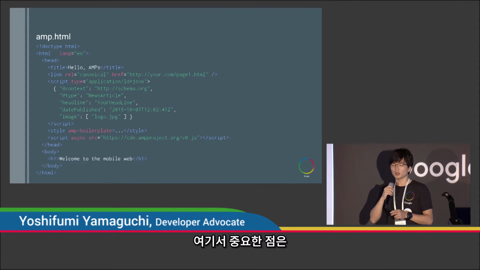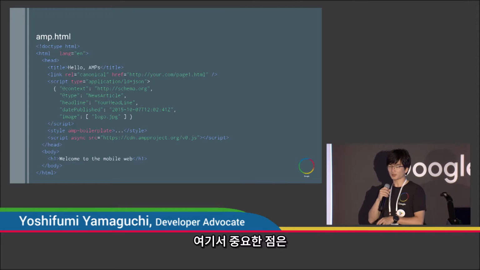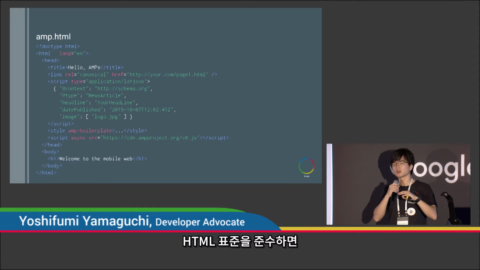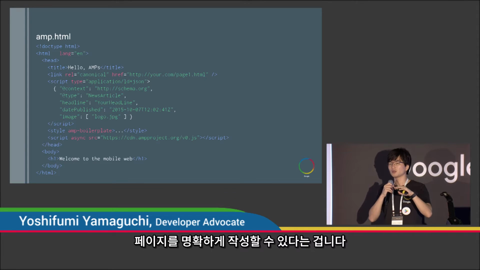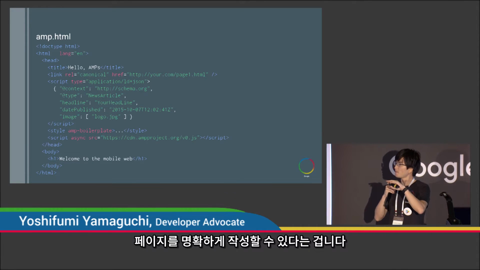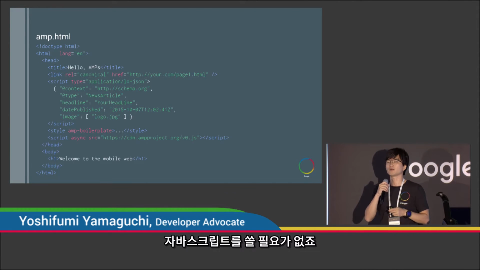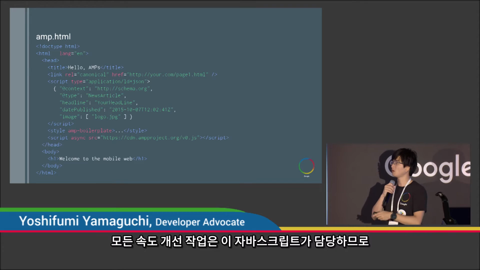The importance of this is that if you follow the AMP HTML specs, you can write the pages declaratively. So you don't have to write any JavaScript, and all the speed improvements will be done in this JavaScript.